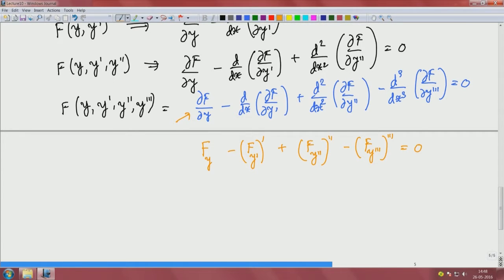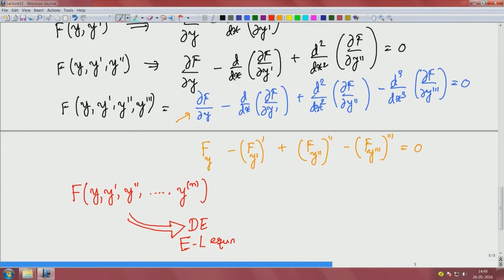Based on that, if we have a functional whose integrand has y, y prime, y double prime and so forth up to the nth derivative, I am writing it as n in brackets, then the Euler Lagrange equation for this, I can write all of these one at a time, or I can do it in the form of a summation.